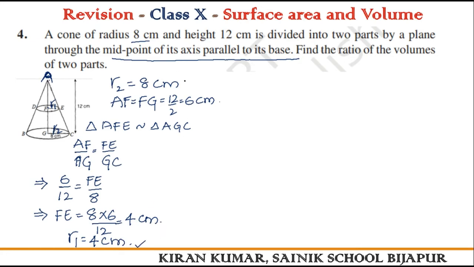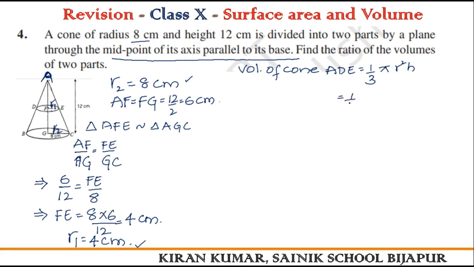Now we have both the radii and also the height. Now we can find out volume of both the things, cone as well as frustum of a cone. First let me find out volume of cone. Volume of cone ADE will be 1 by 3 pi r square h.